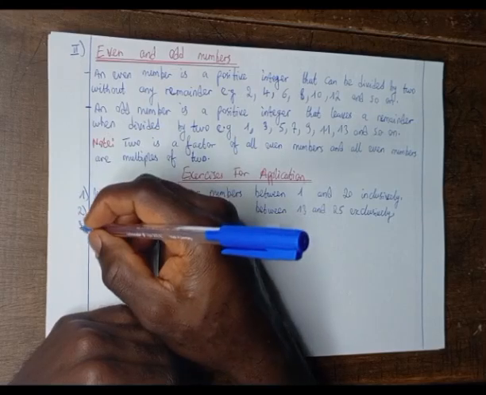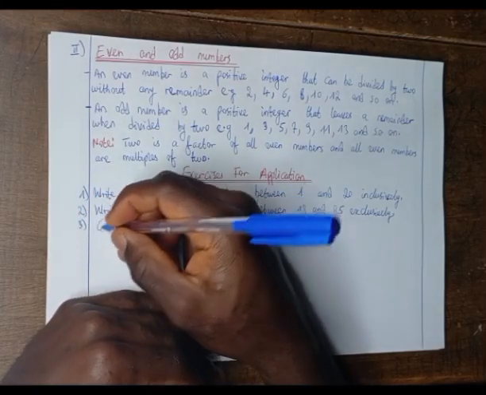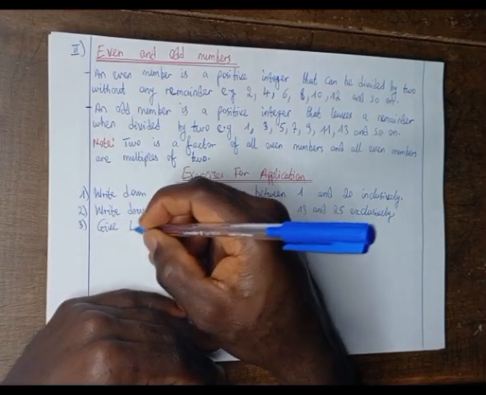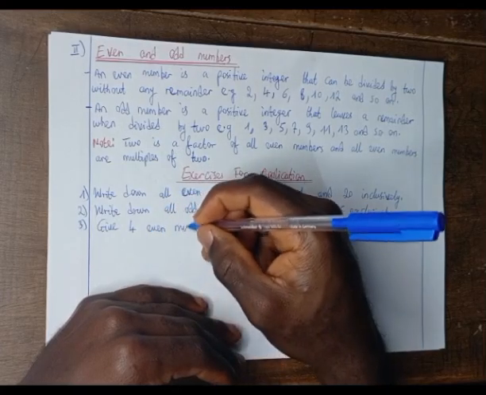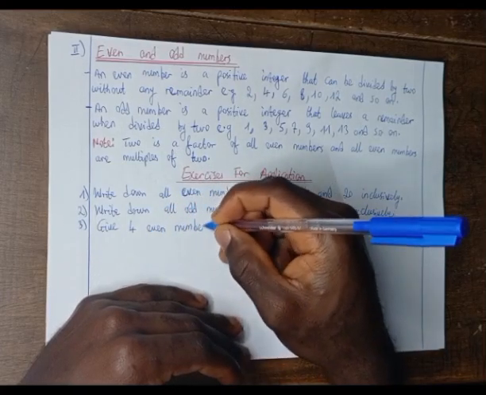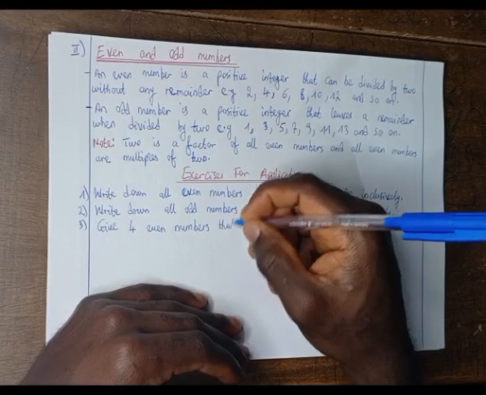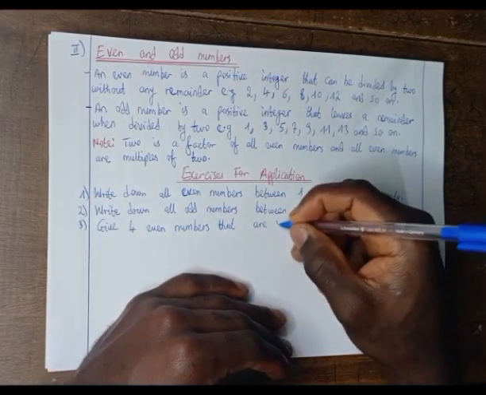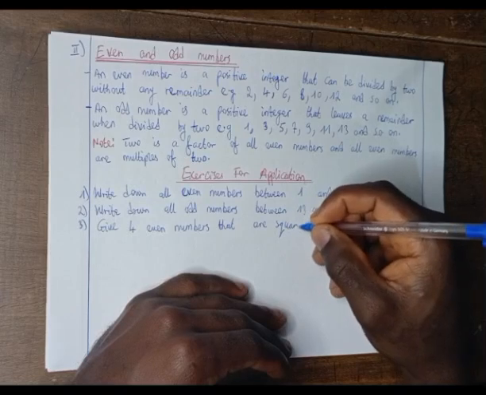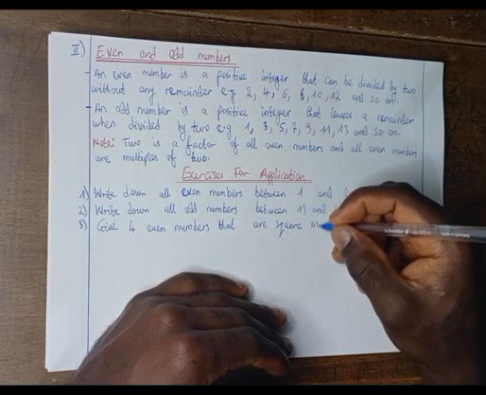Question 3, give 4 even numbers that are square numbers.